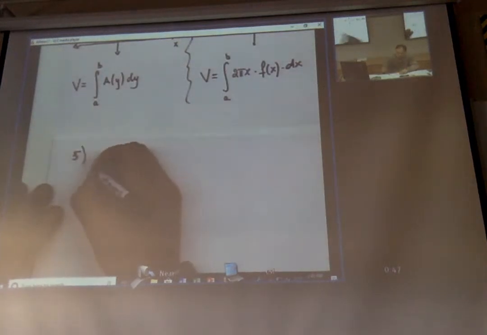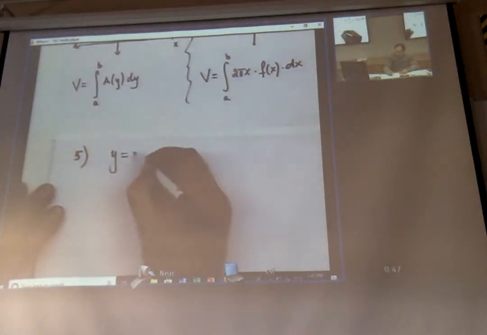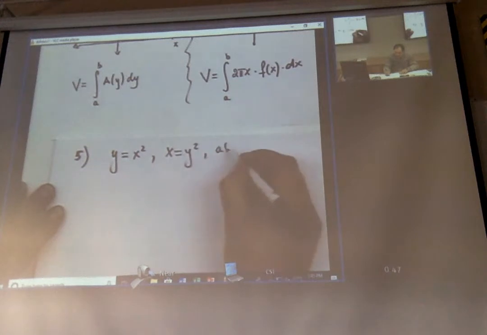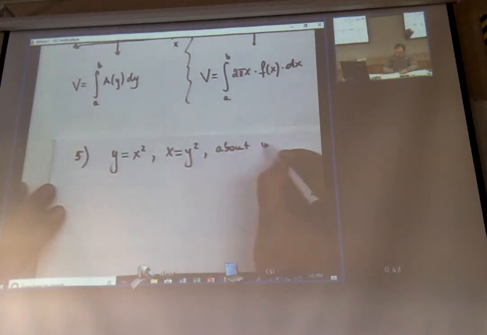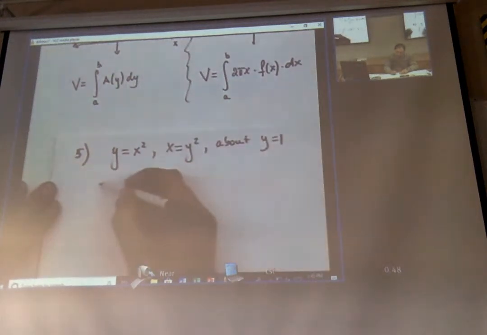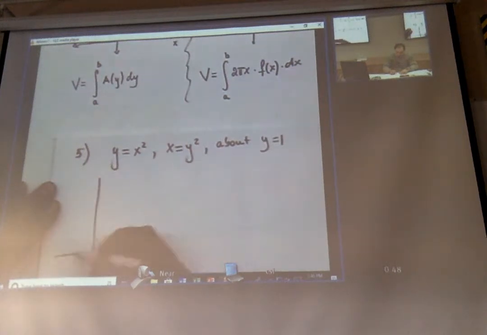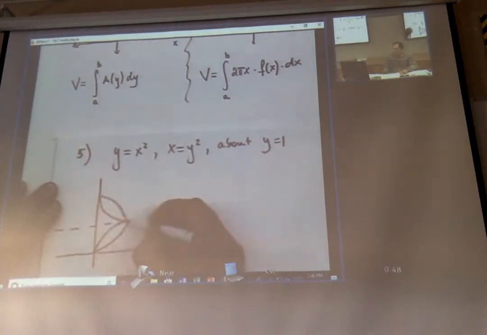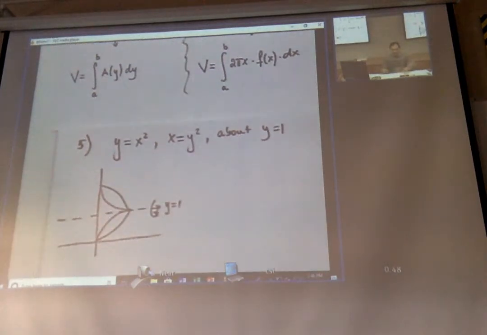So we have the same thing: y equals x squared, x equals y squared, and we're rotating this about y equals 1. So the picture doesn't change. We have the rotation right here, y equals 1, something like over here.